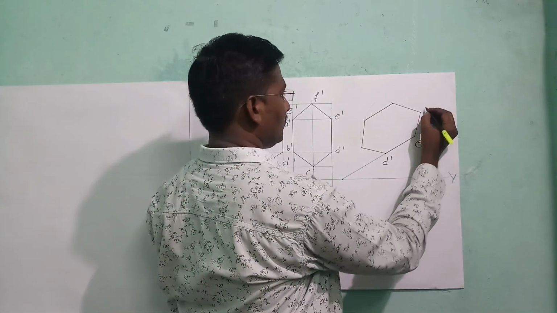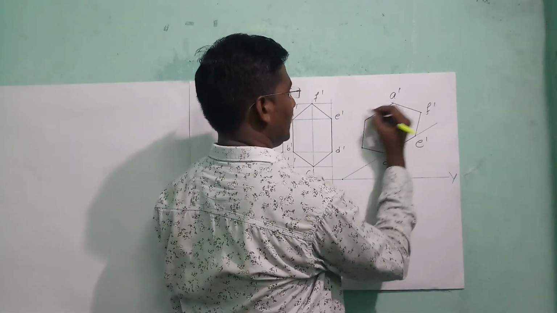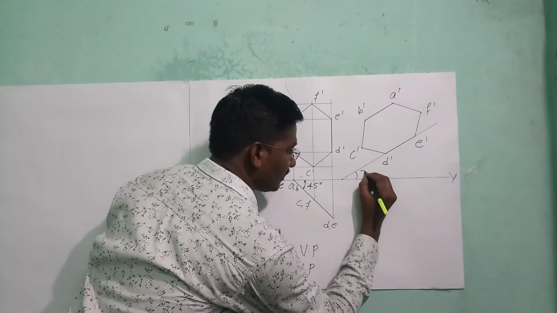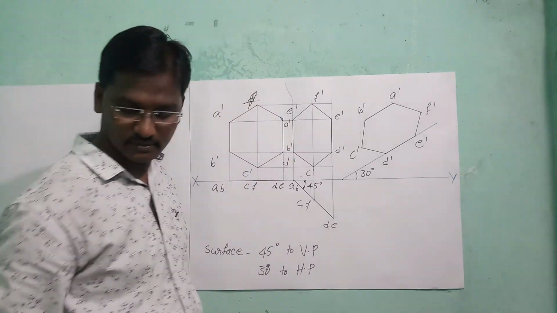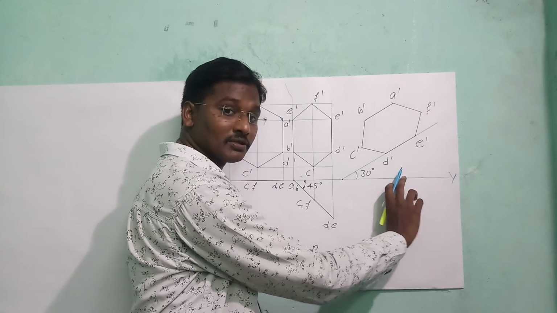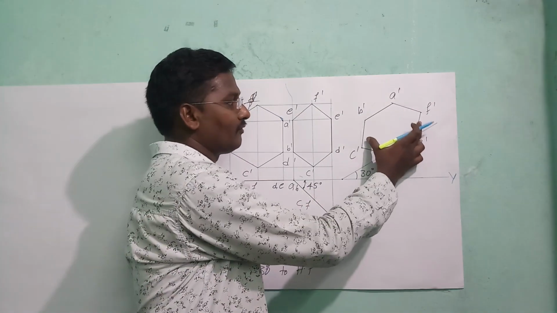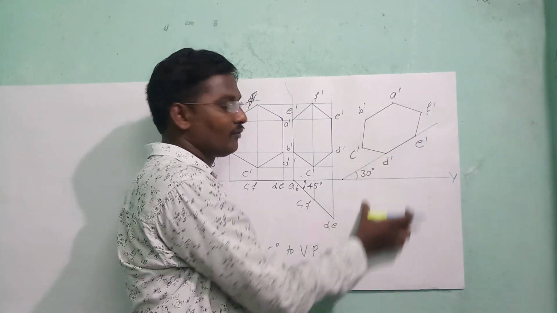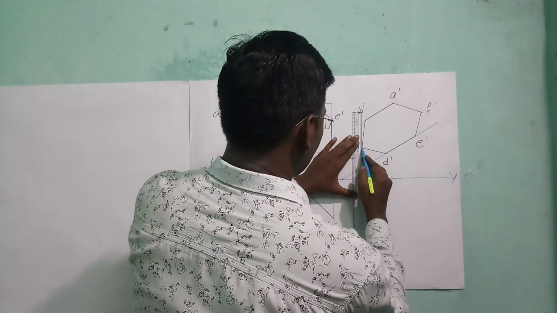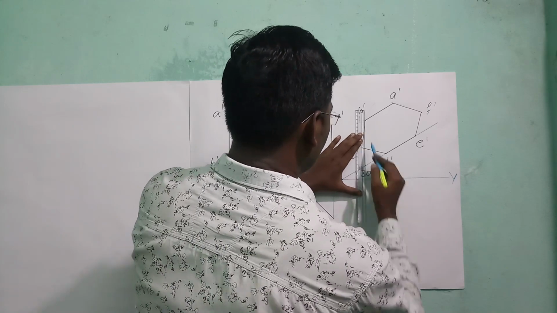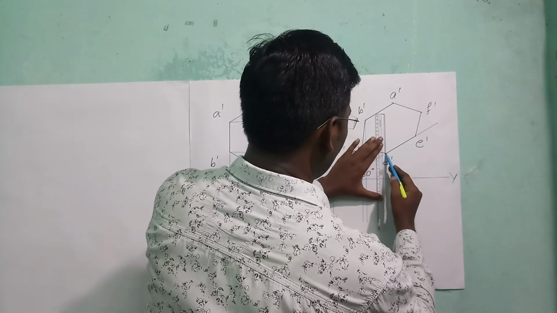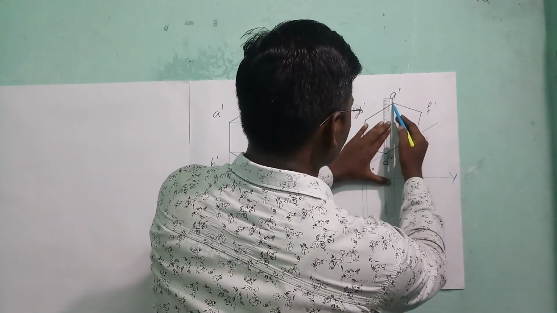Now these are the points F dash, A dash, B dash, C dash. What angle have we taken here? 30 degrees. Now we need to draw the horizontal projection lines from the surface line, and from the plane hexagon, vertical projection lines. Look here. At each and every point we have to draw the vertical projection lines.